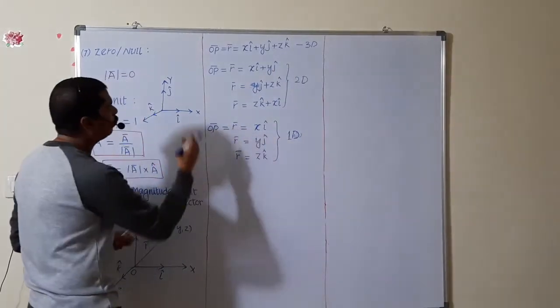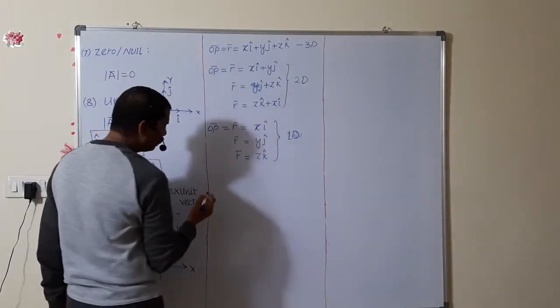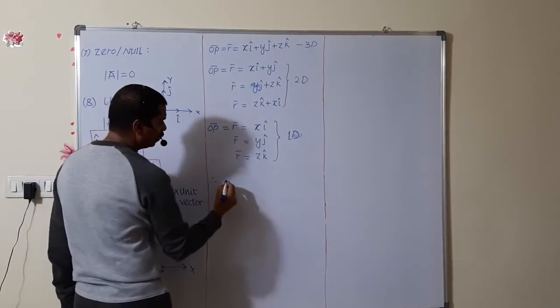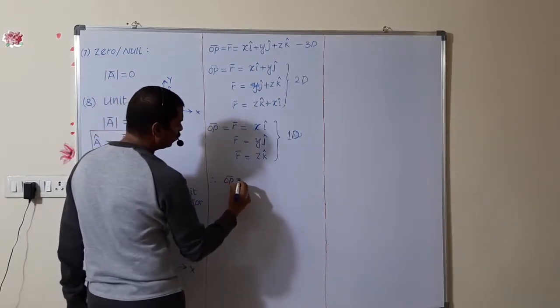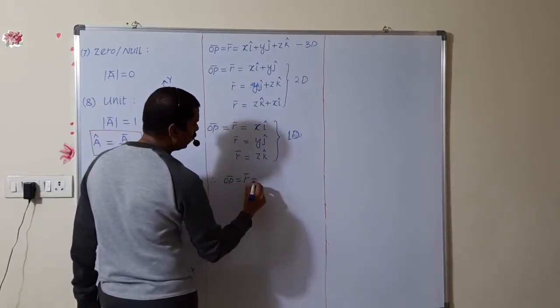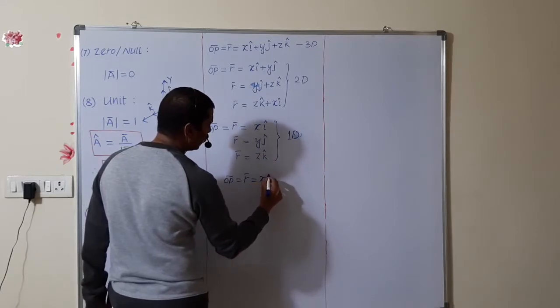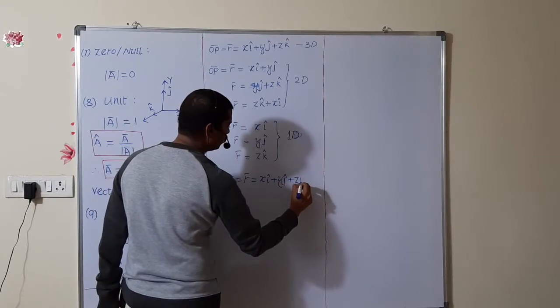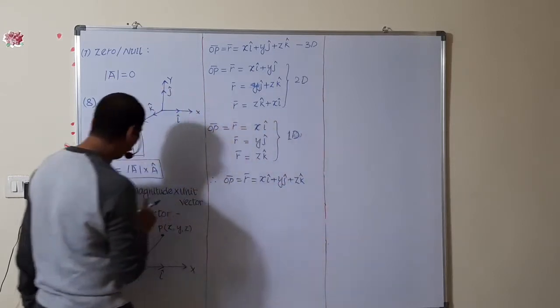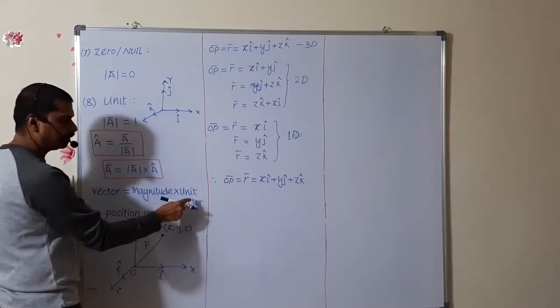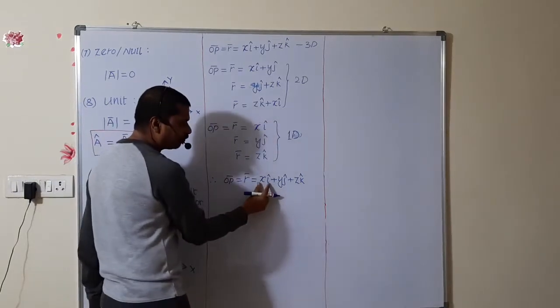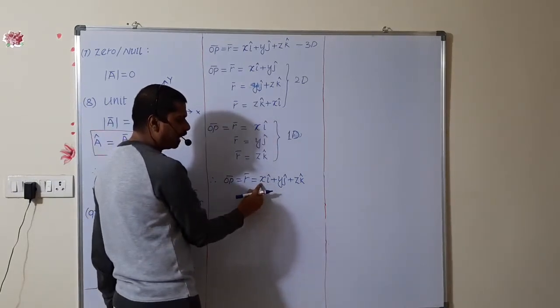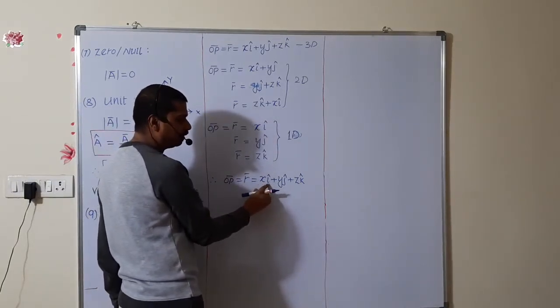Now I am discussing three-dimensional motion. Therefore the OP vector is represented by the R vector. R vector is equal to x i cap plus y j cap plus z k cap. Always I follow this condition: magnitude multiplied by unit vector. Along the x-axis the magnitude is x and the unit vector is i cap.